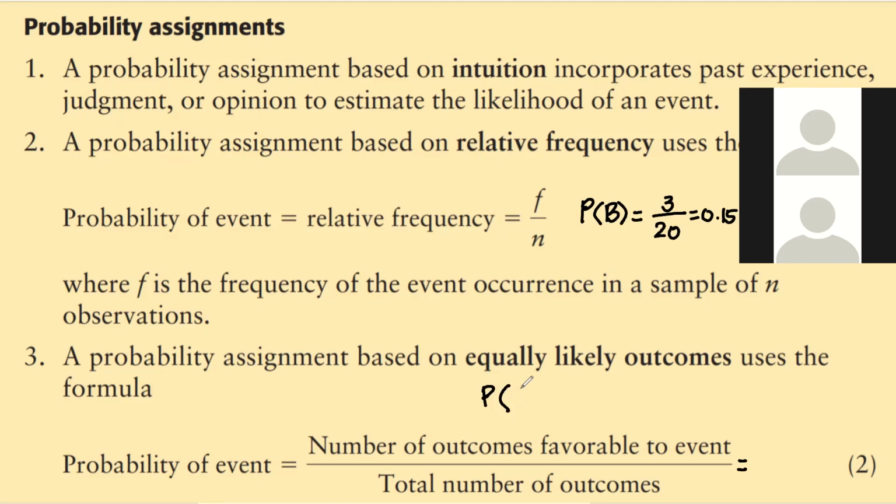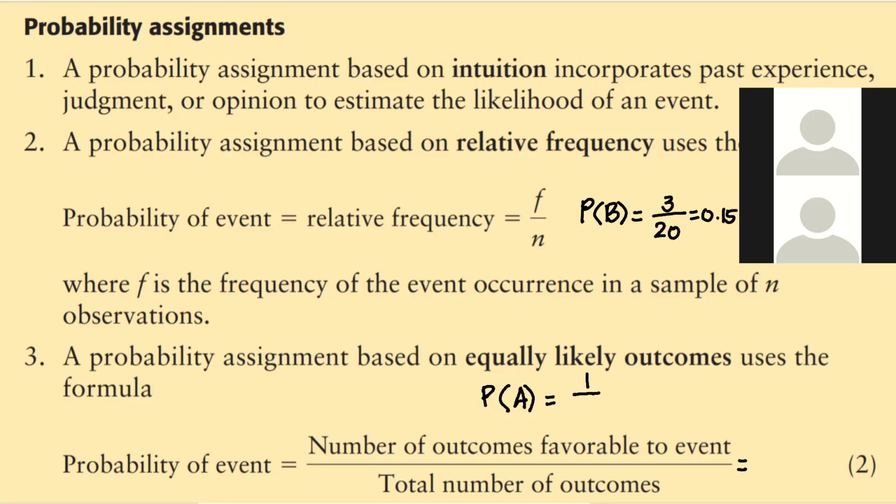Okay, so let's name it. Event A will be the event na tama, that you have the correct answer. The number of favorable outcomes to the given event is 1. Isa lang ang tama dun. It's either true or false, but not both.